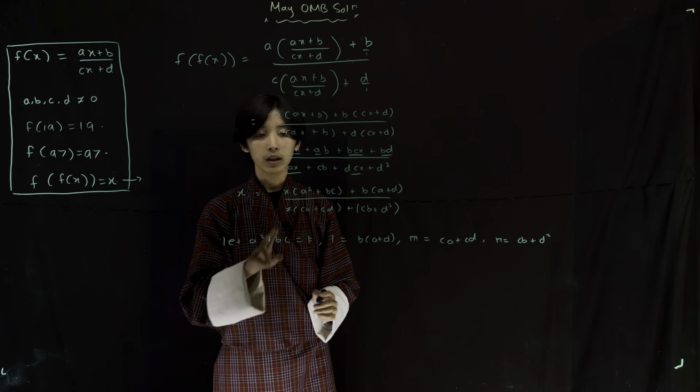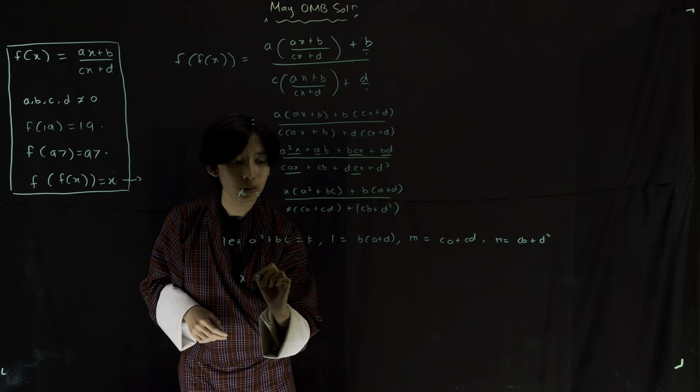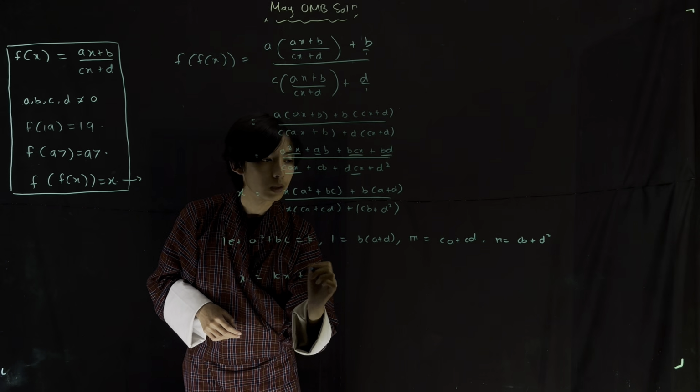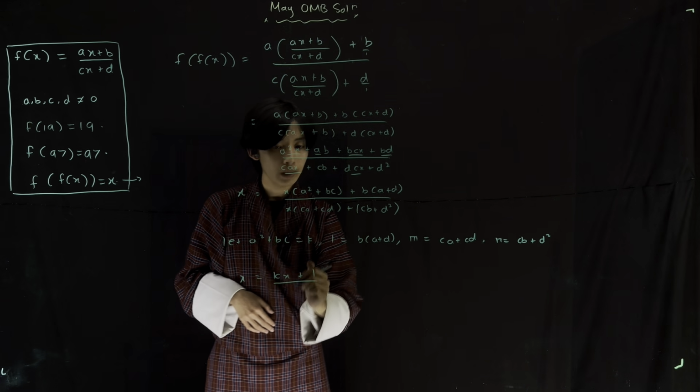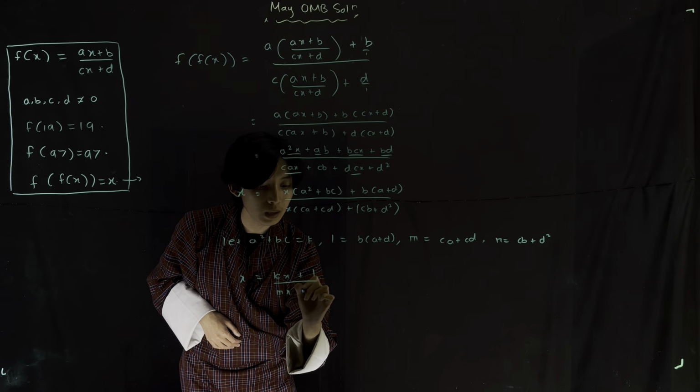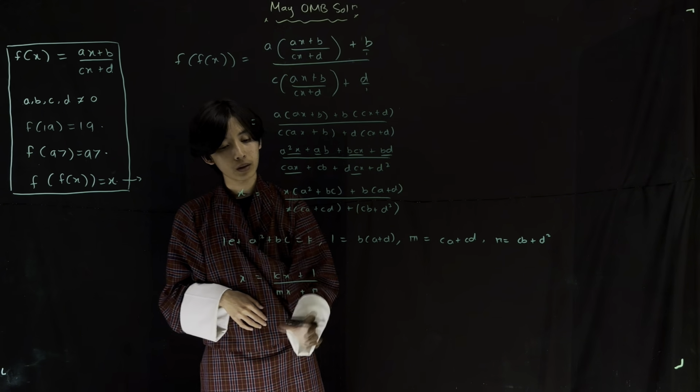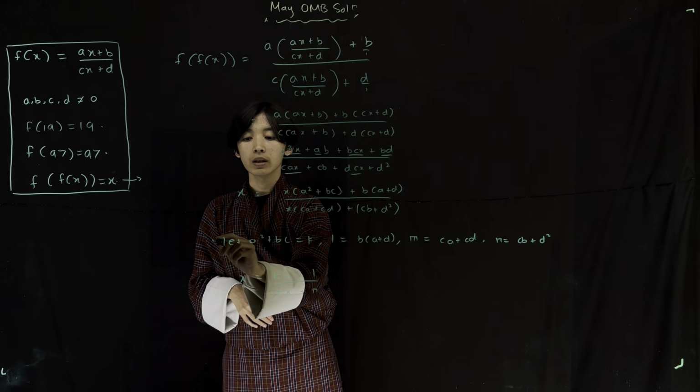So we can rewrite this equation as x is equal to (kx plus l) whole divided by (mx plus n). So this is the simplified equation that we get by using this condition given here.